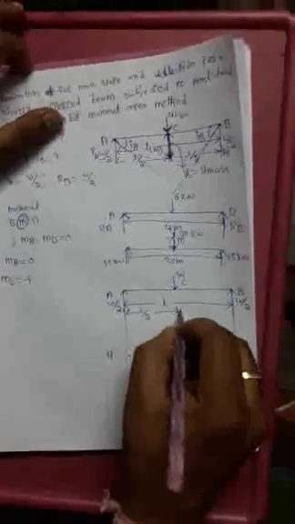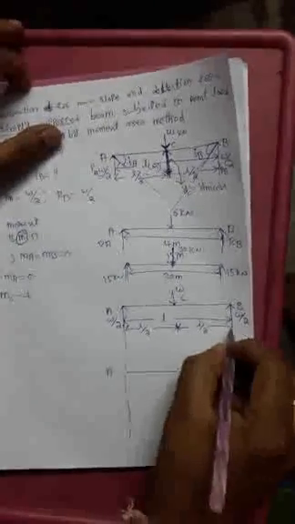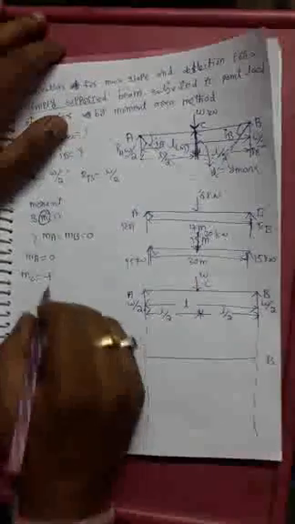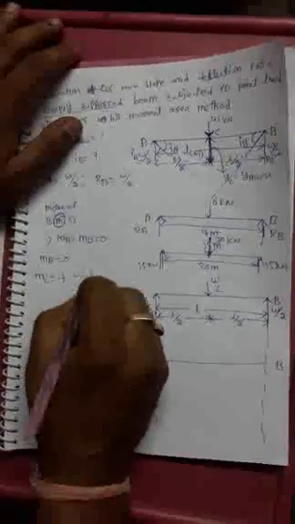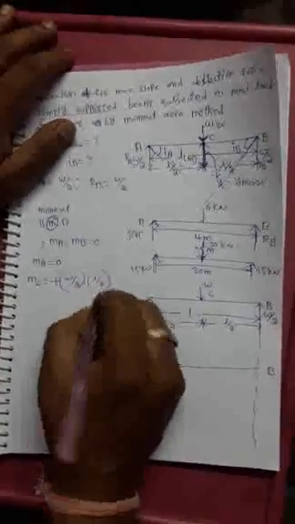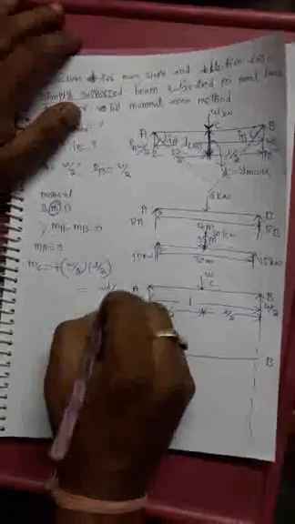This span length is L by 2 and this span length is L by 2. So at point C, force is W by 2 and distance is L by 2, so WL by 4 at point C.